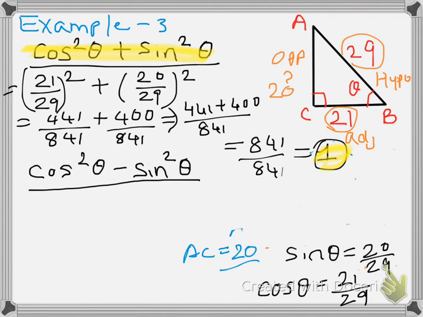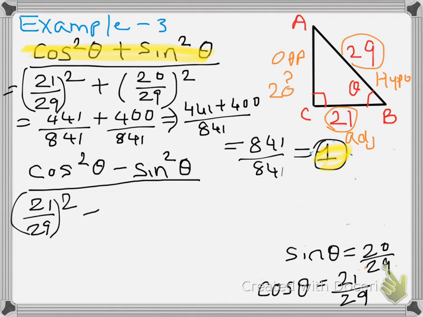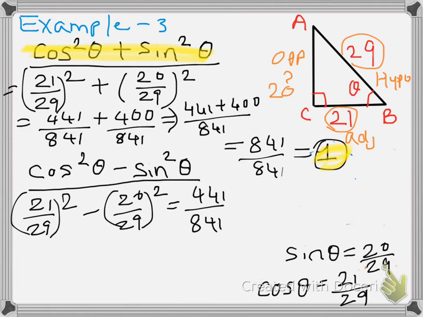Okay, now let's do cos square theta minus sine square theta. So again, cos theta value is 21 over 29, so we're going to write that, and then square, minus sine square theta is 20 over 29 square, which is equal to 441 over 841, minus 20 square is 400 over 841.